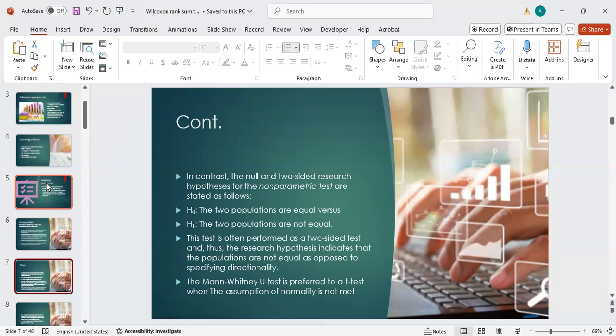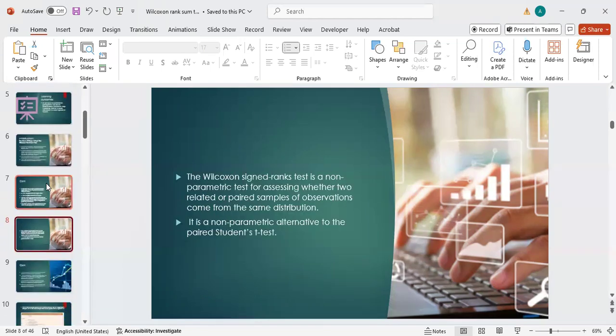H naught, the null hypothesis, is that the two populations are equal, versus the alternative hypothesis that the two populations are not equal. This test is often performed as a two-sided test, and thus the research hypothesis indicates that the populations are not equal, as opposed to specifying directionality. The Mann-Whitney U test is preferred to a t-test when the assumption of normality is not met.